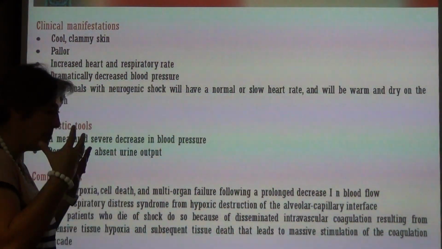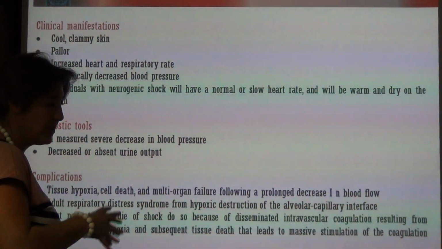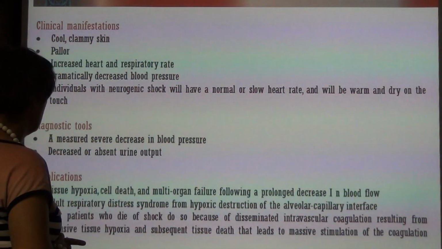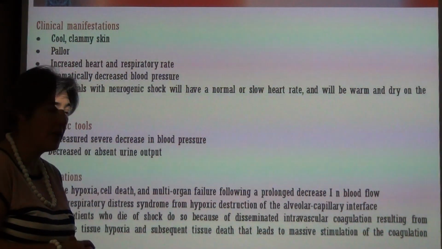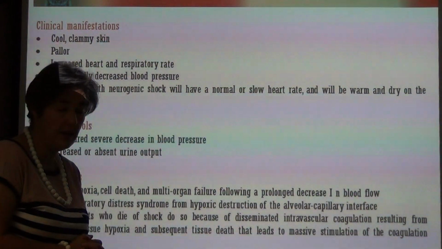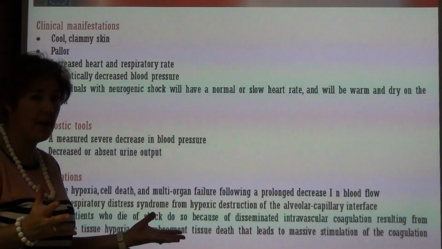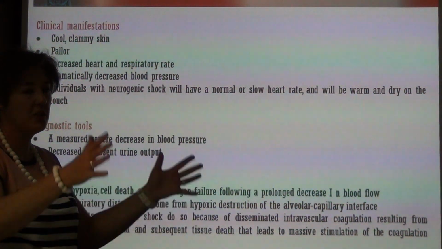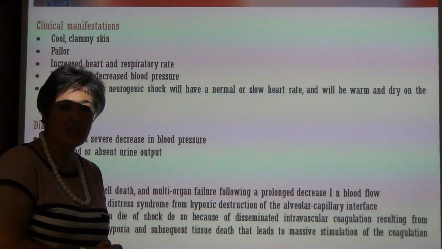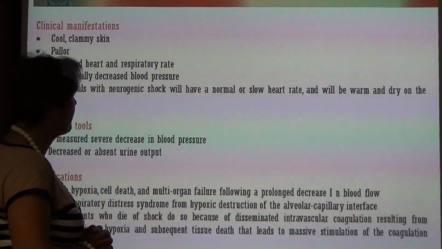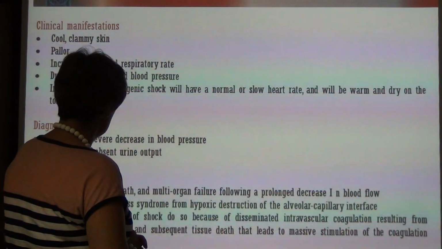Okay, so that is the massive stimulation of your coagulation cascade. Ultimately these patients will bleed themselves to death, because due to this massive clotting, all the platelets are being used up until the point that the patient will just spontaneously start to bleed from every orifice because there are no more clotting factors in his body. Okay. And that completes shock.